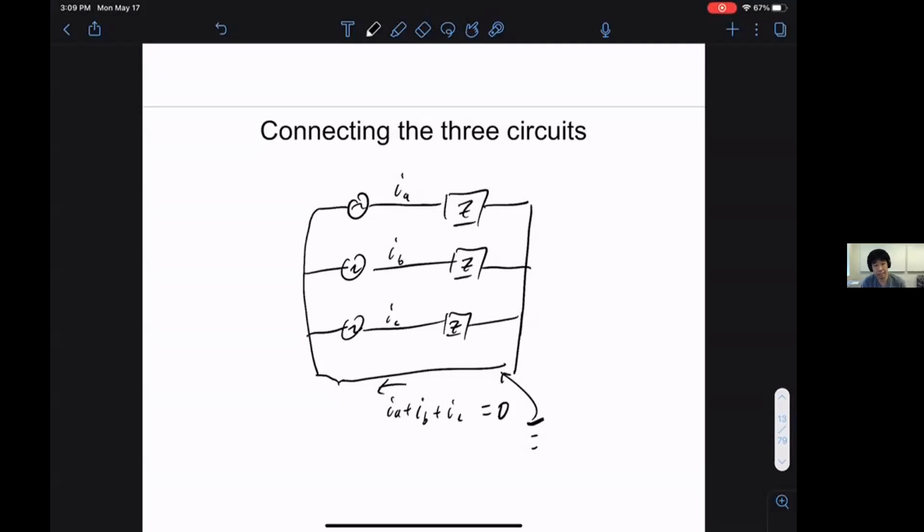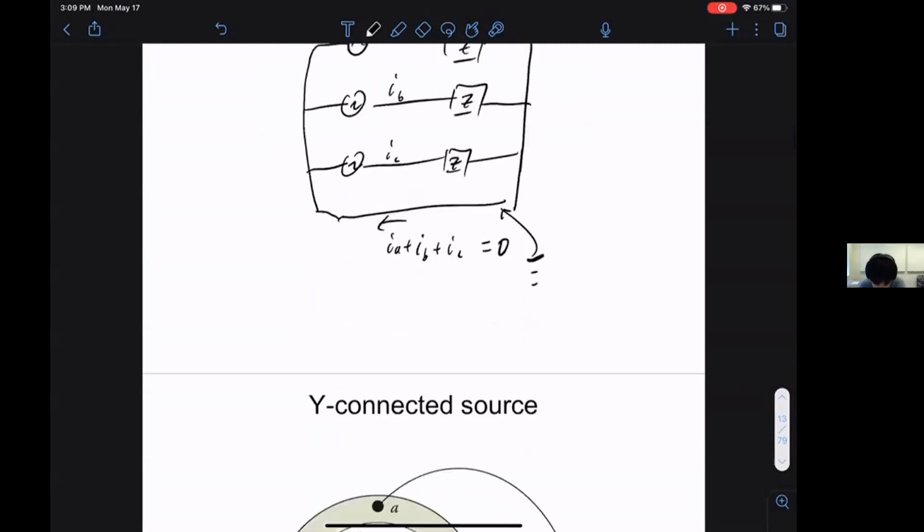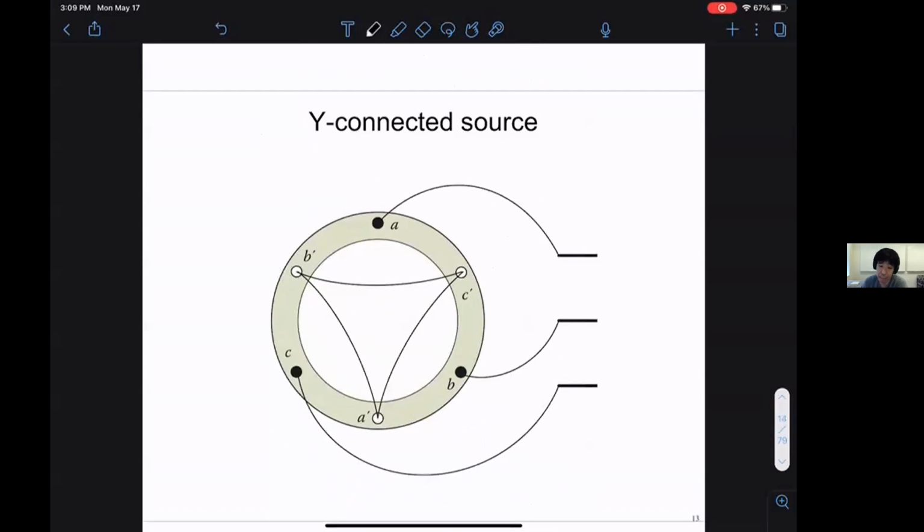So the idea is I simply connect the return paths together. I tie them together, and the current all adds up to 0. This acts like a ground point for us. There's no current flow. So internally, the generator looks something like this: you just have three wires coming out of it.